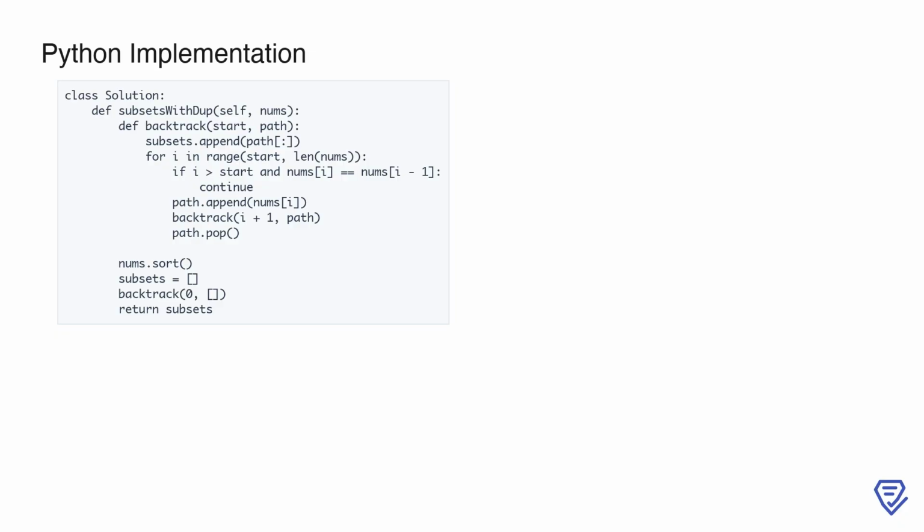Backtracking step. After the recursive call completes, the last element is removed from path using path.pop. This step ensures that the algorithm can explore alternative subsets by backtracking to previous states. 6. Returning the result. After exploring all possible subsets, the function returns the subsets list.